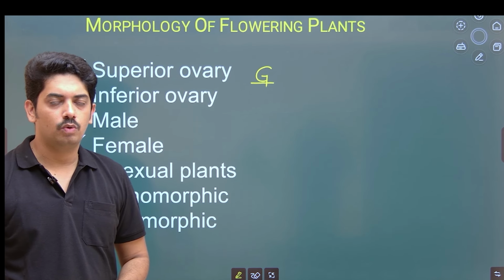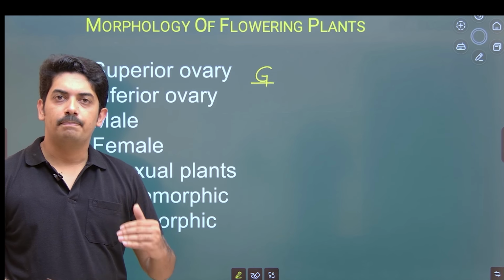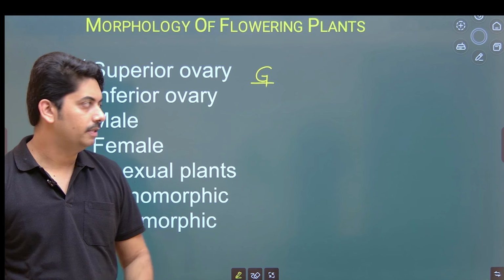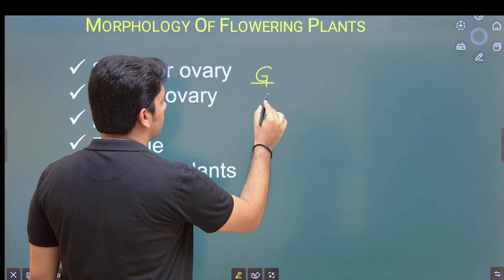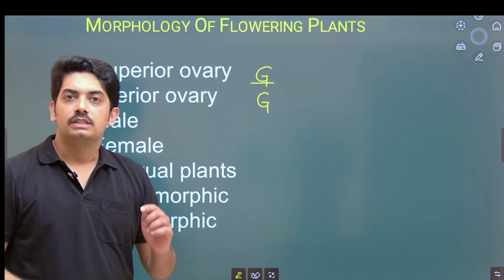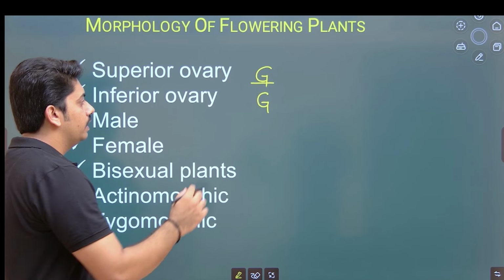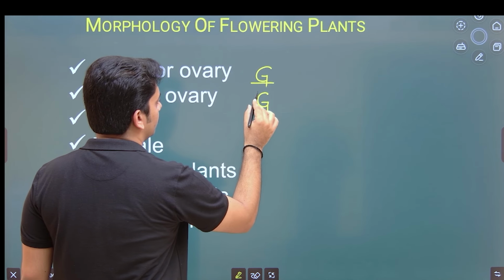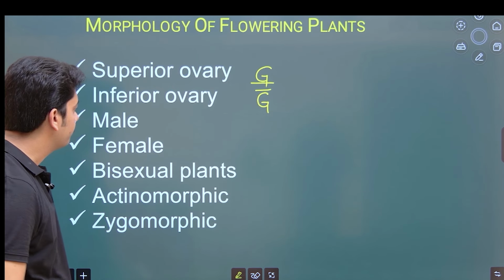Okay, superior ovary, that means gynoecium is above sepal, petal, and androecium. Inferior ovary, at that time gynoecium is located below the stamen, petal, and sepal. So here it is represented as G, and above we write the line like this.